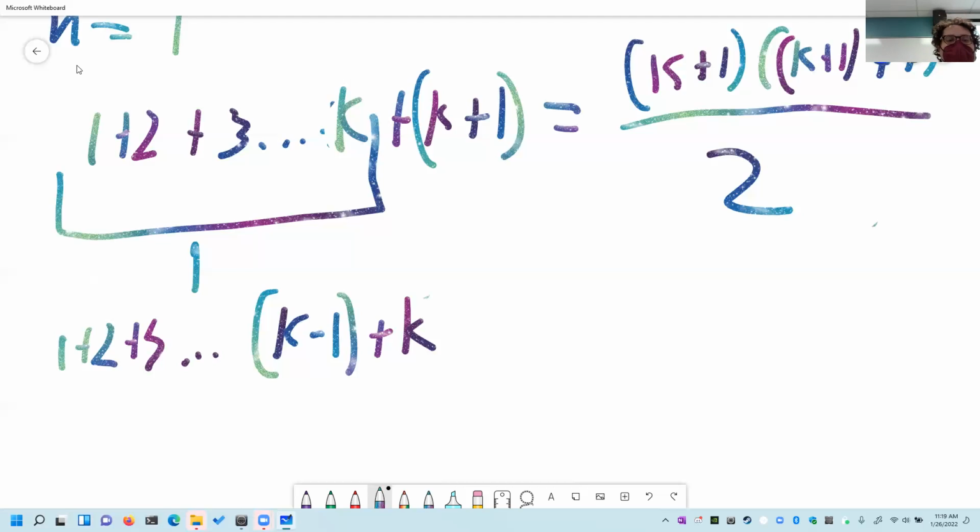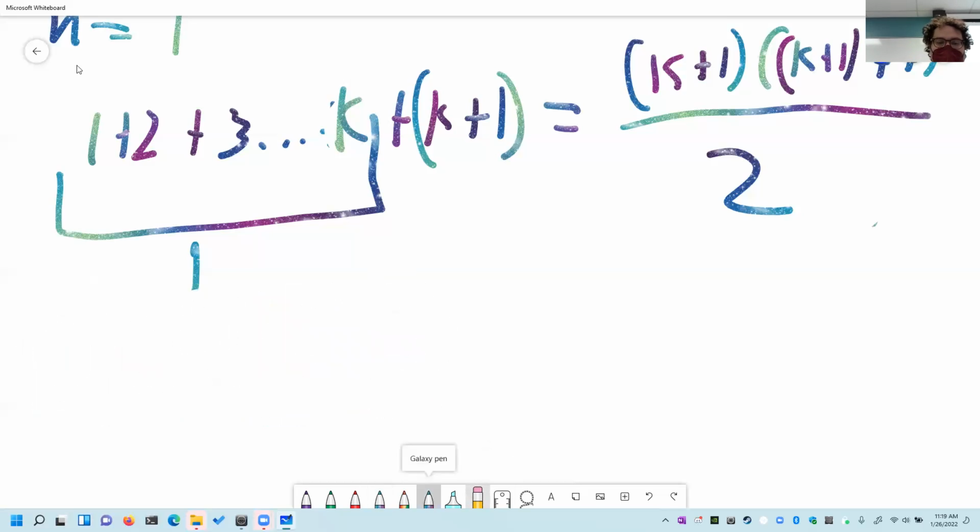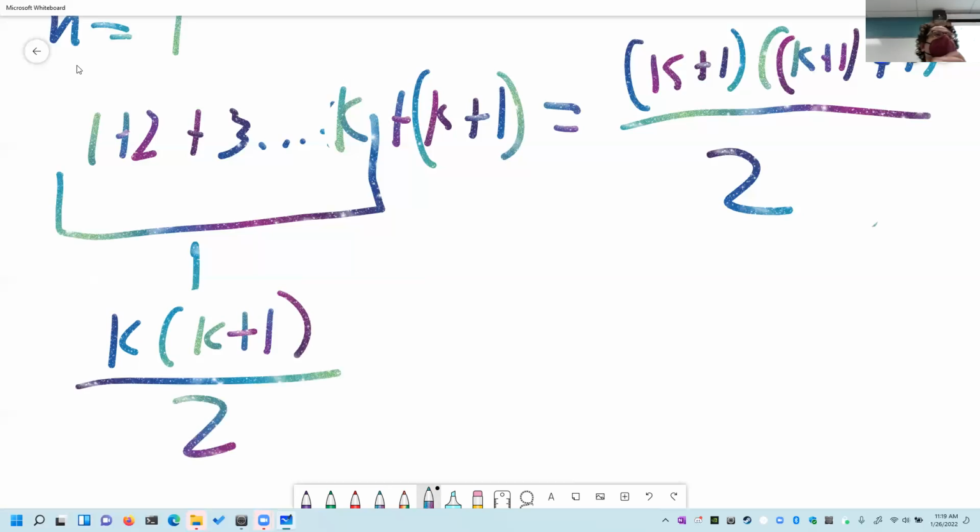So now we assume that it's true for k, so that means I can rewrite this side of the equation from this series. I can rewrite this as k times k plus 1 over 2. Makes sense? Because this is the part we get to assume is true. We get this for free.